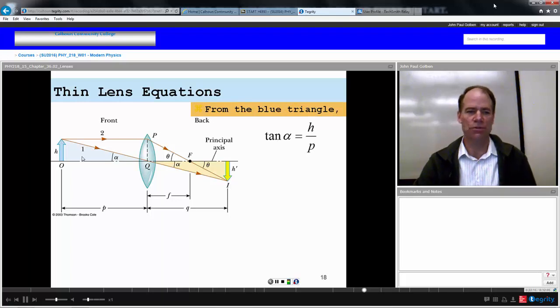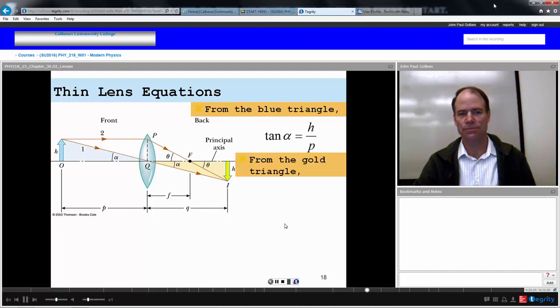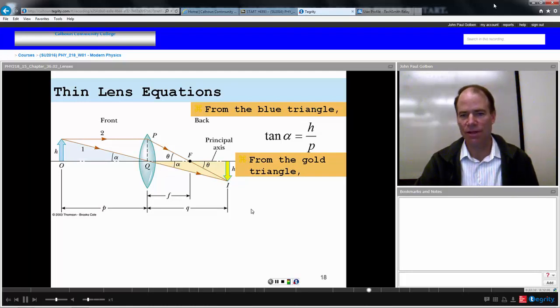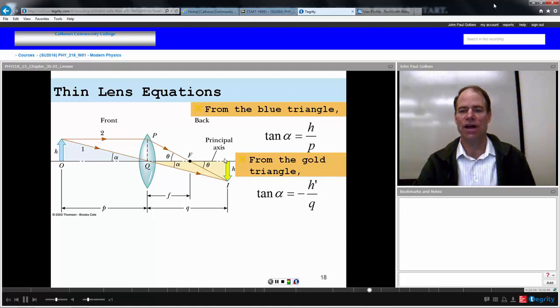From the first blue triangle here, with angle alpha, we can see that the tangent of alpha is the opposite side, h, over the object distance, p. And we're going to look at this gold triangle down over here, same angle alpha, and we can see that the tangent of alpha here will be a negative h as we're going in the negative y direction, over this distance here, which will be the image distance, q.